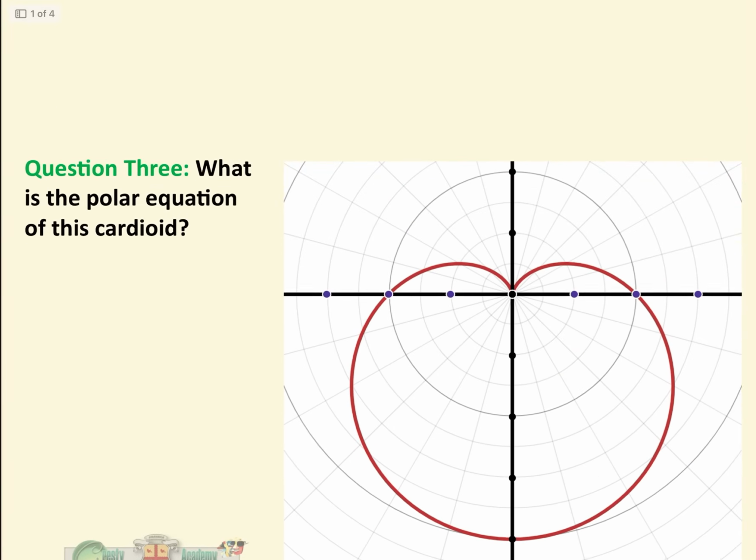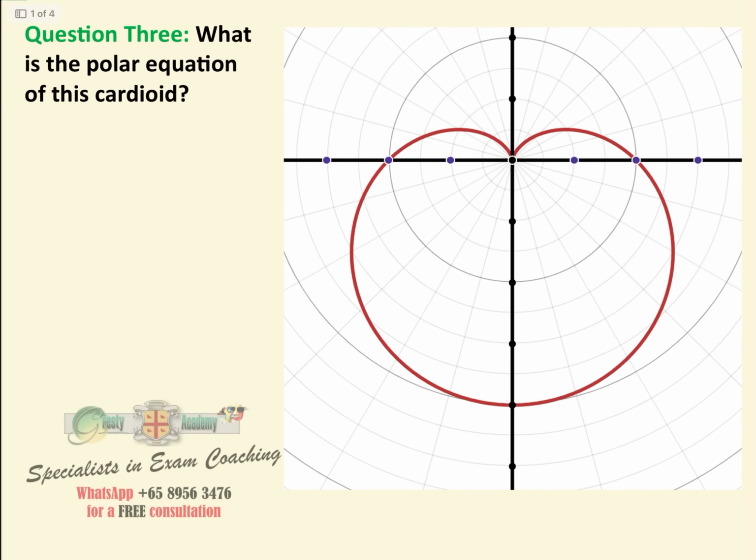Okay, let's move on to question 3. What's the polar equation of this cardioid? Okay, again, we see symmetry across the x-axis. And as it's mainly to the south of the x-axis, we know that it's going to be r equals something minus something sine, sorry, my apologies, sine theta.